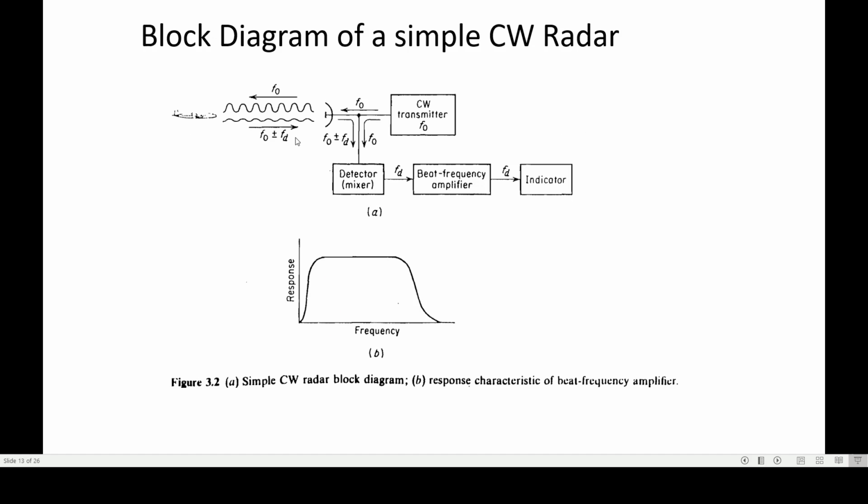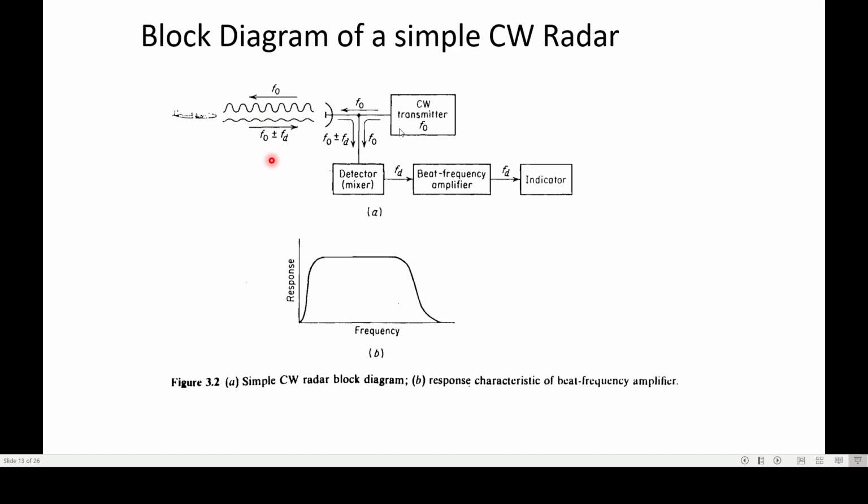I have already mentioned this Fd is directly proportional to the velocity of the object. Then there is a mixer, and this is not a superheterodyne receiver. Just a mixer, which mixes the received signal, F0 plus or minus Fd, with F0.